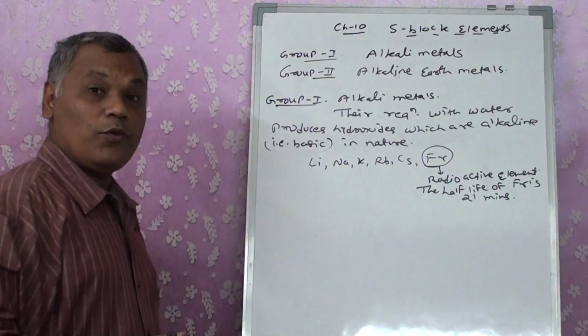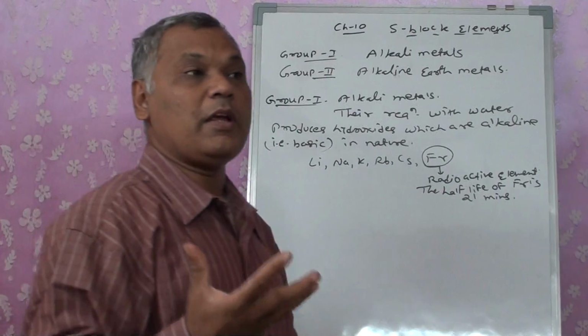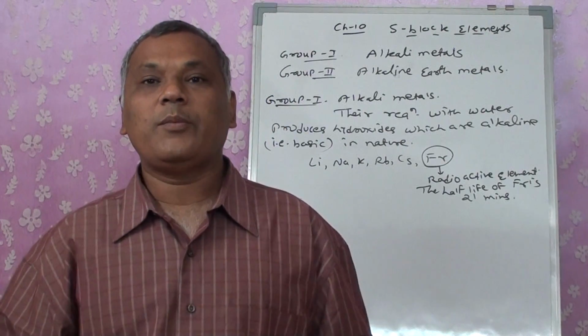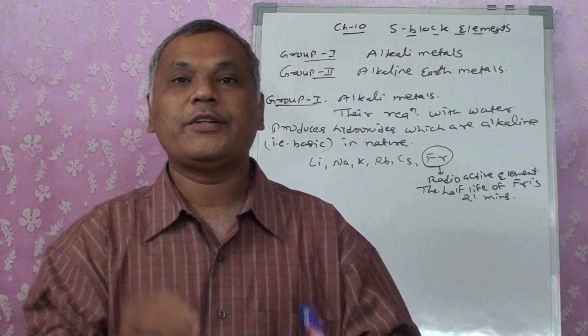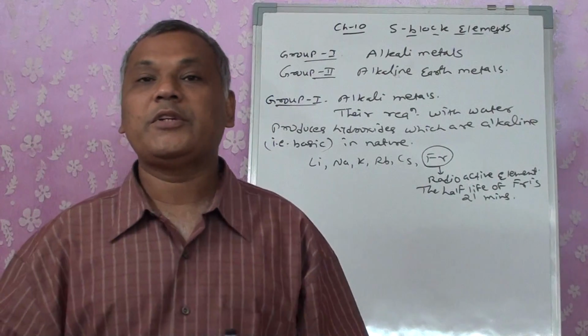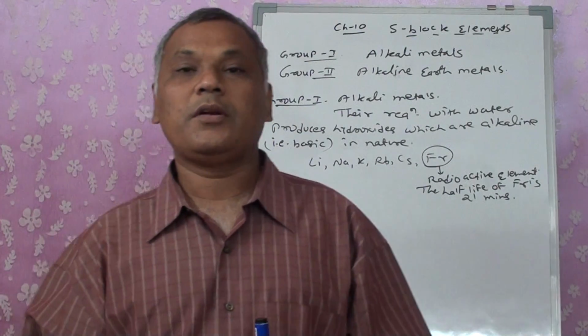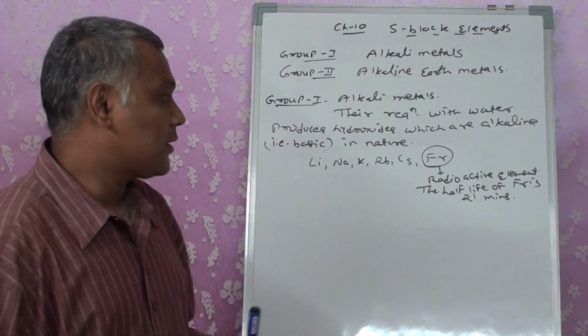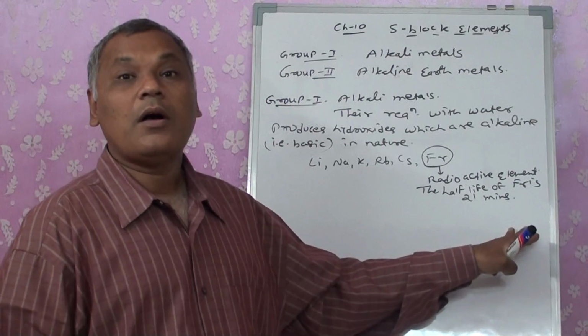That is, if you take 1 kilogram, after 21 minutes you would have only 500 grams, without any chemical reaction or any external work done on it. Because it is radioactive, it emits alpha, beta and gamma radiations, decomposes itself and gets converted into half of it.